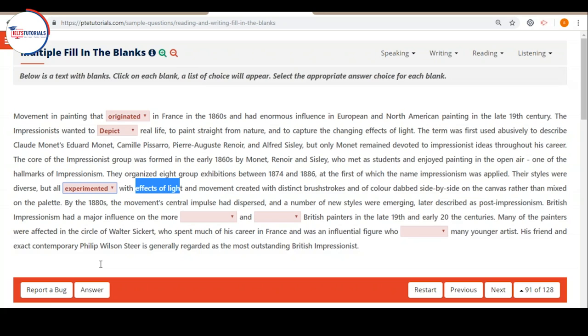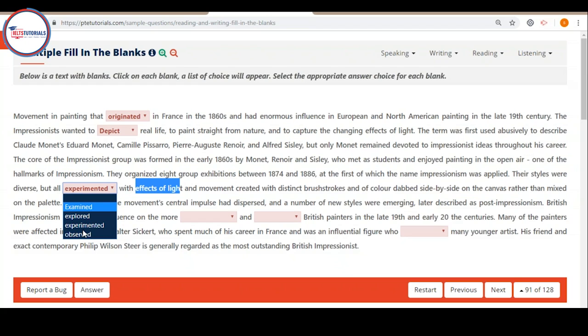It is the movement's central impulse, and a number of new styles emerged later, Post-Impressionism. Impressionism has more experimental work. Again, I got a similar kind of word, experimental. Because of the connection here, the more influence and more experiment on British painters.